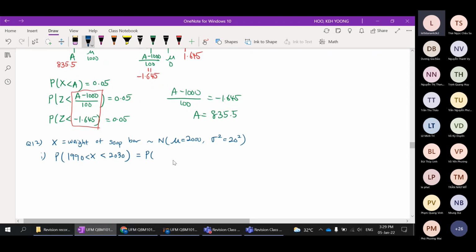You will get negative 0.5 and 1.5. So take the probability less than 1.5 minus the probability less than negative 0.5.